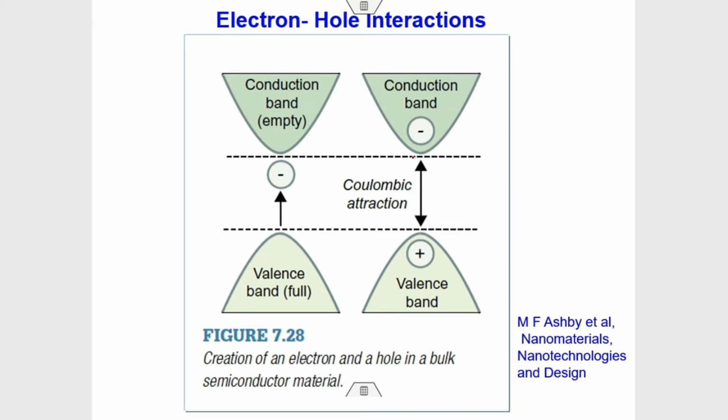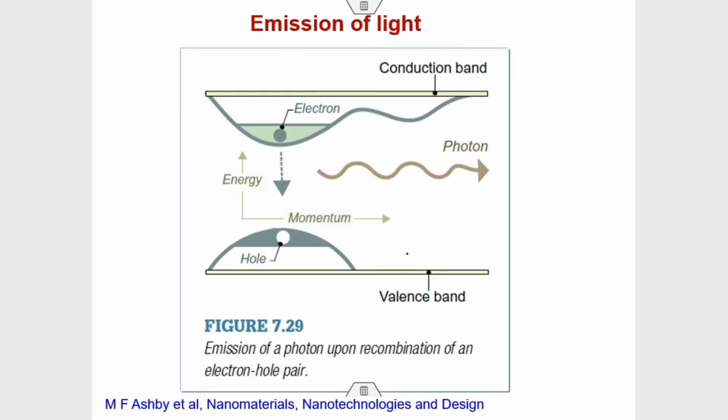But what can also happen is that because of the transitions, sometimes the electron can come back and the electron and hole can remain together, and this is what is known as an exciton, okay. That is something which does not happen always, but does happen.